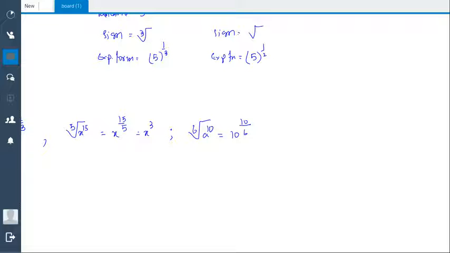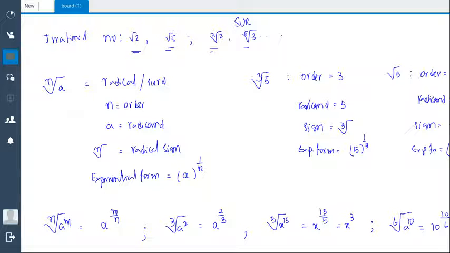So the radicand also can have a power, and the order goes below. This notation we call a surd, radical or a surd. Irrational numbers of this type we are dealing with now.